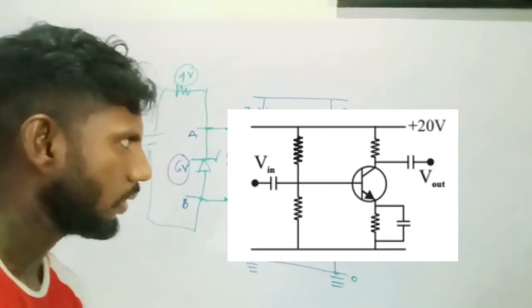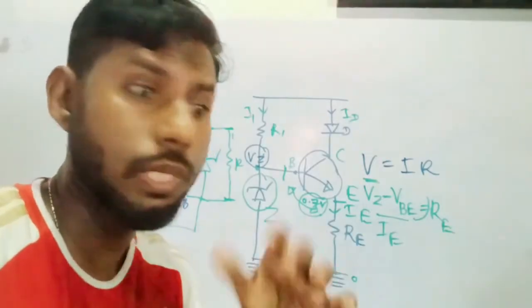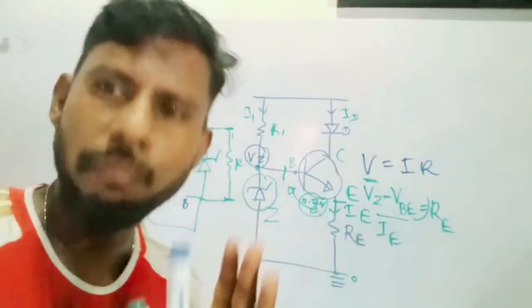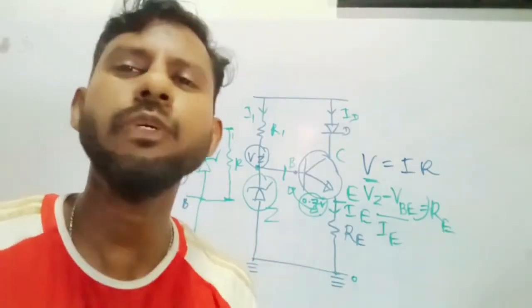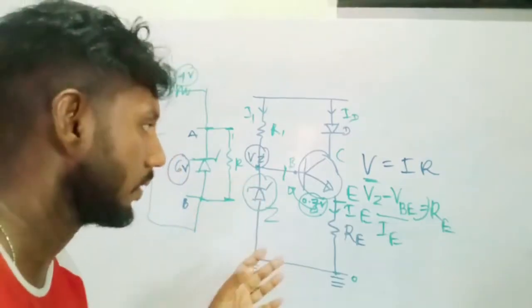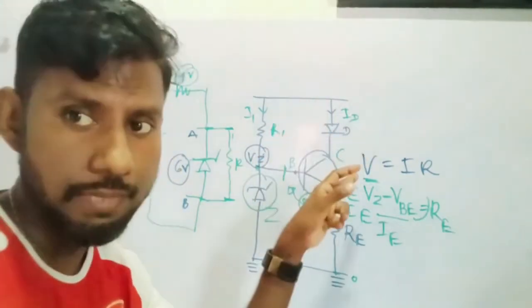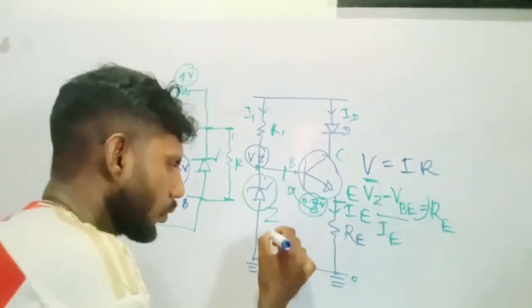So in the voltage divider method, we make an assumption when we do the question. If you practice questions like this, you know the assumption. The assumption is that the ID or IC value is approximately equal to the IE value.